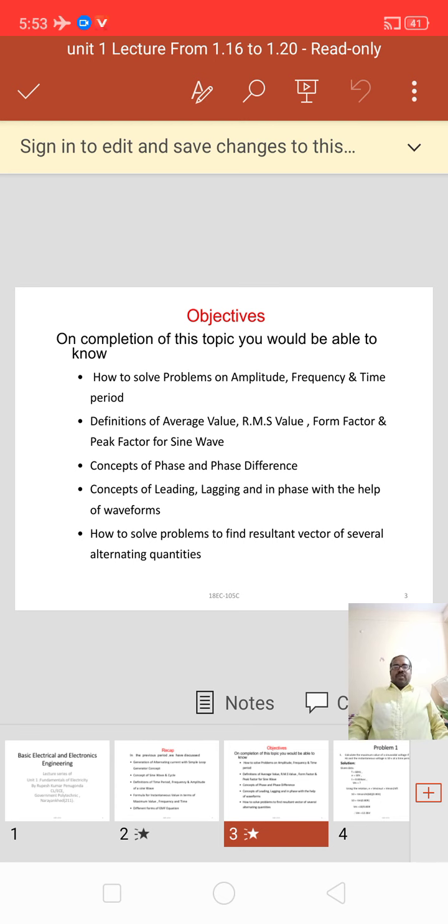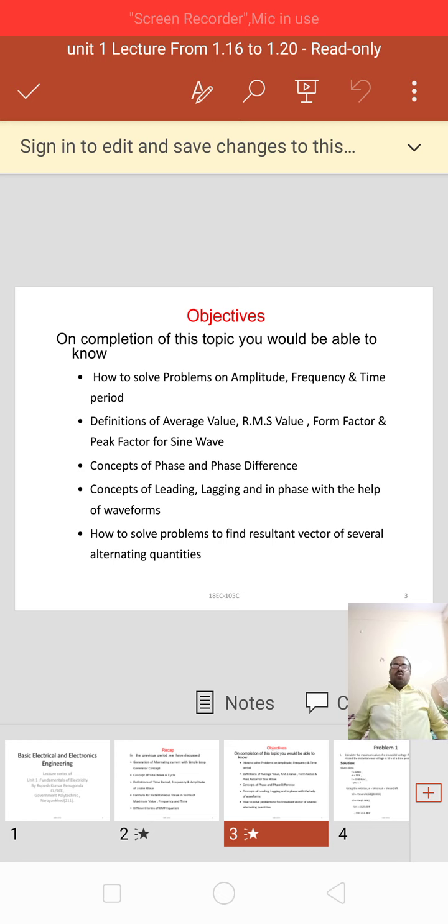Next, the concepts of phase and phase difference. Phase is the angle of the alternating quantities. Phase difference is the difference between the alternating quantities when depicted on the graph. Next, the concepts of leading, lagging, and in phase with the help of waveforms.